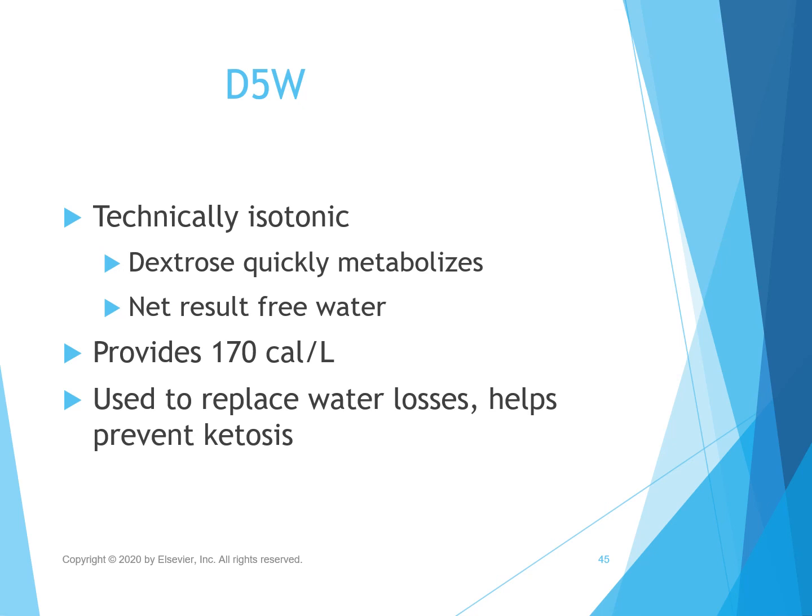I'm not going to be particular with this on a quiz or a test, but I want you to recognize that it's technically isotonic, because the D5 quickly metabolizes, and then you're left with pretty much an isotonic solution. It does provide some calories, and it can also prevent ketosis. So if somebody's been NPO for a long time, this is not a bad choice, especially if somebody is having trouble controlling their glucose levels because they are no longer eating.